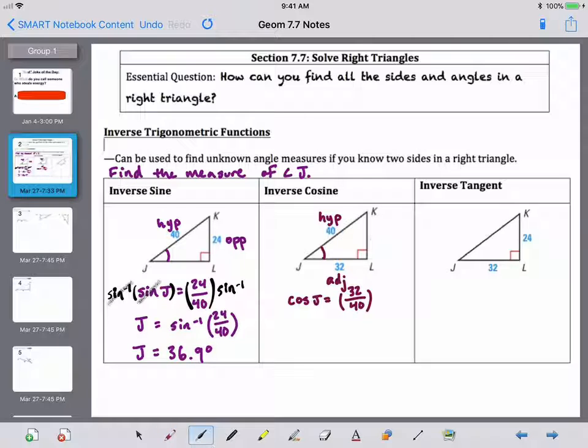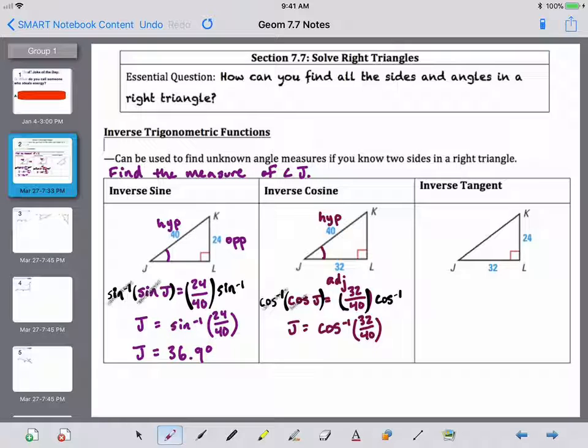Just like previously, to get J by itself, we have to get rid of that cosine function, so we're going to take the cosine inverse on both sides. Then the cosine cancels with the cosine inverse, and we are left with J equals the cosine inverse of 32 over 40.